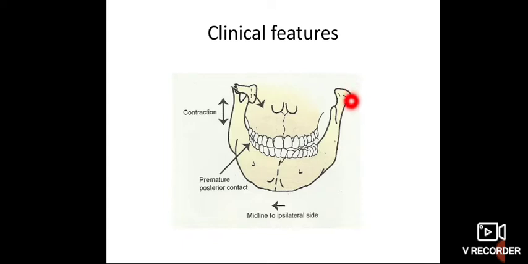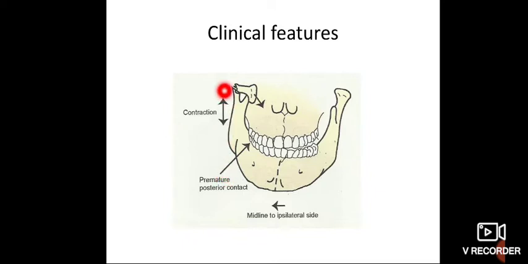Usually if you measure from the condylar height to the angle, this is the height of the ramus. When there is a fracture and the condyle is displaced, there will be contraction, which means there will be loss of the posterior height. Because of the loss of the posterior height, the midline is being shifted. The entire mandible is being pulled to the same side, ipsilateral side.